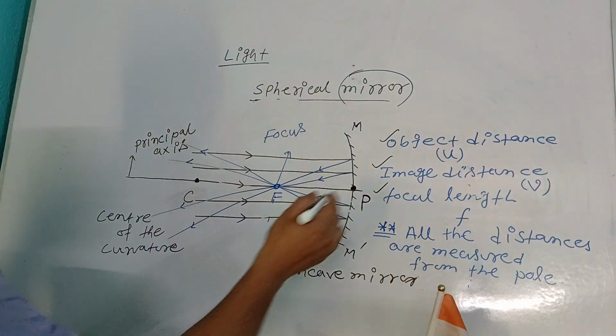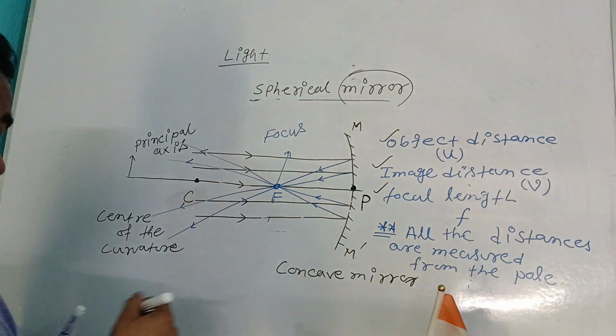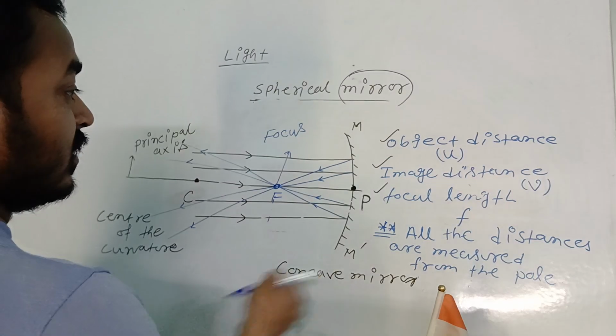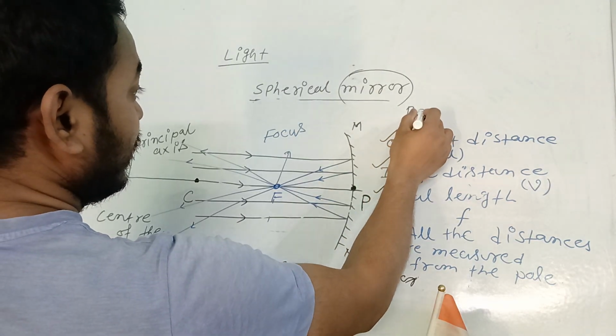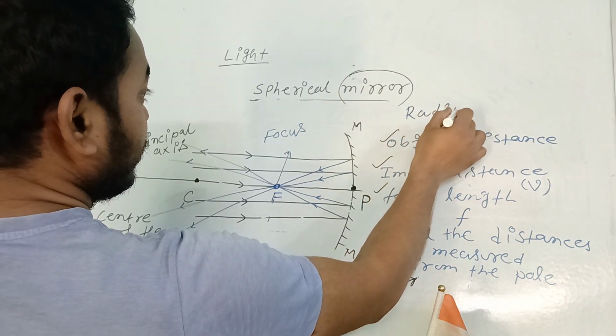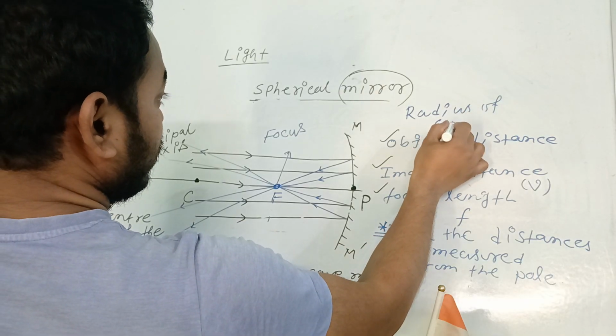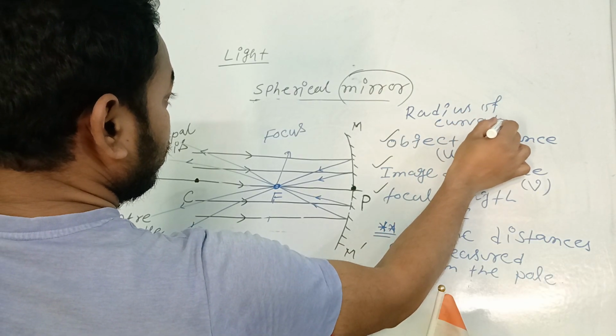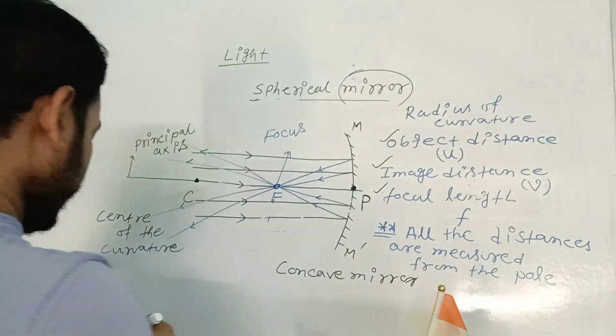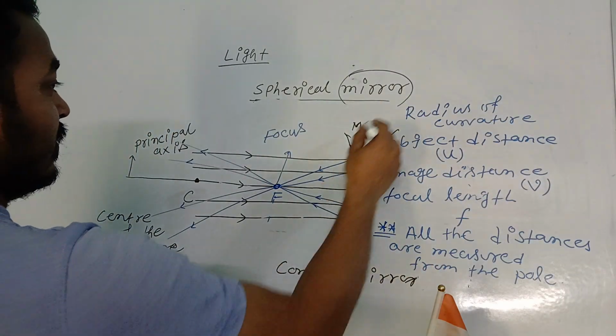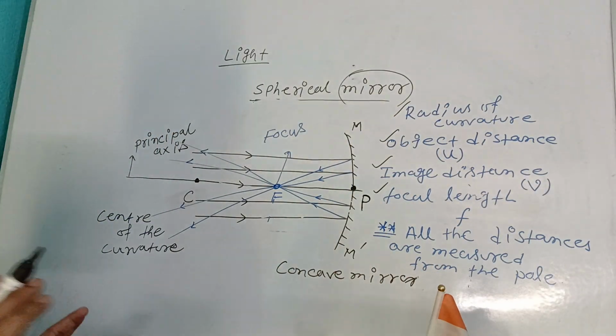Now you tell me, maybe focal length, or here is also the radius of curvature R. Every measurement we have to measure from the pole.